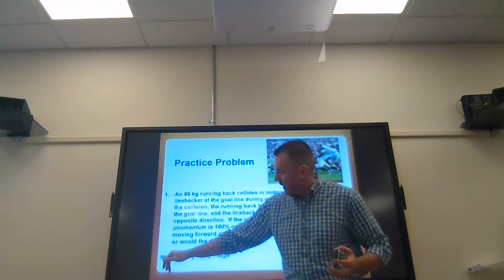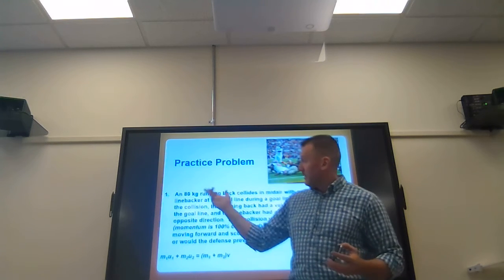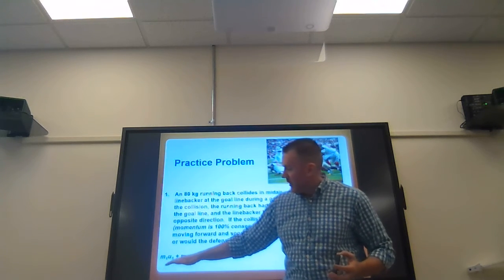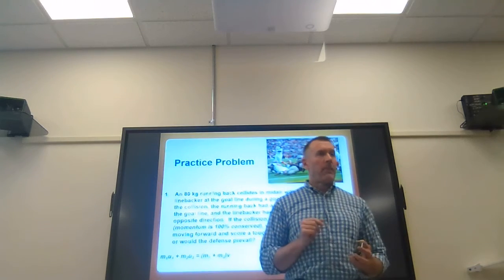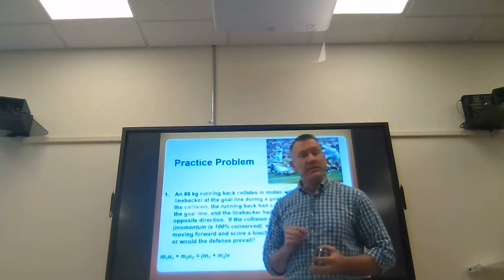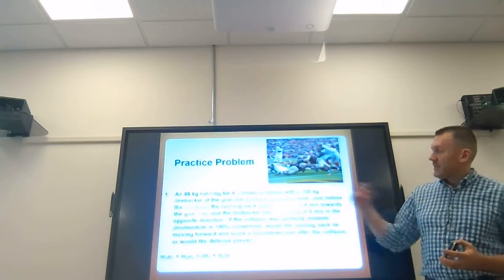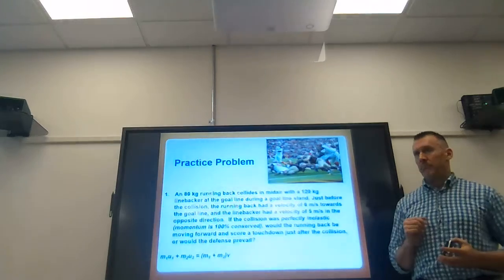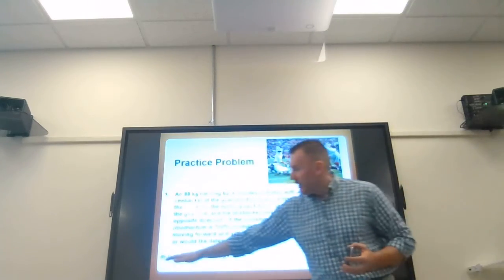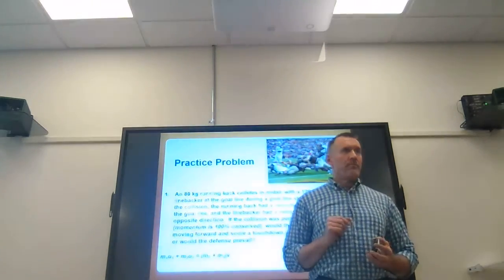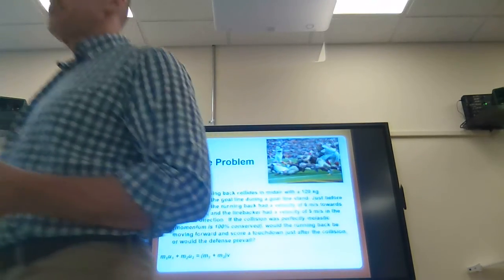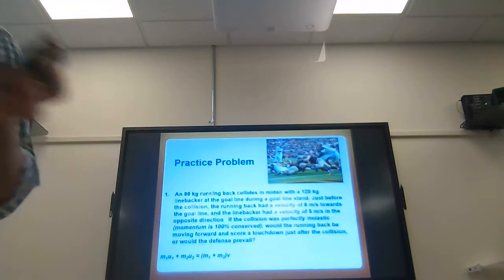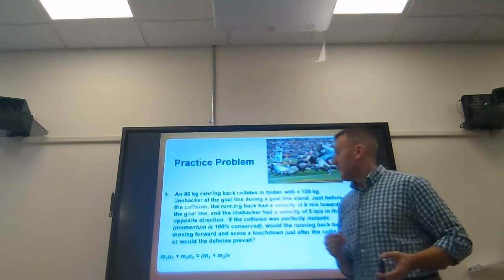We'll say number 1 is the running back, so mass of 80 multiplied by a pre-collision velocity, denoted with a u, of positive 6 meters per second. So 80 times 6. You multiply that together, what do you get? 480 kilogram meters per second is the momentum.